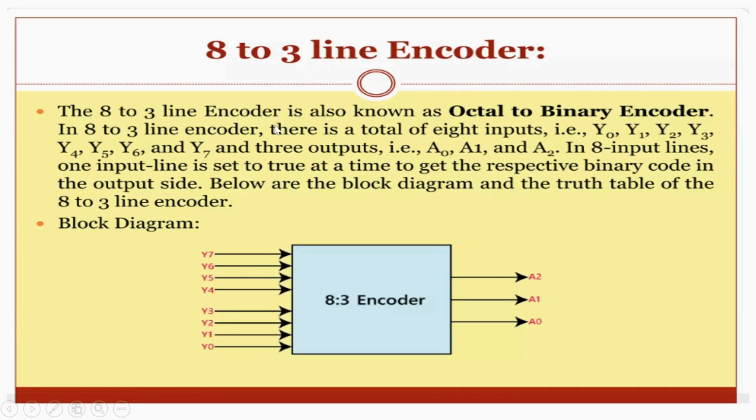By seeing the name it is already predictable that there will be 8 inputs and 3 outputs. We generated the inputs as y0 to y7, 8 inputs, and the outputs are a0 to a2, 3 outputs. So now we will see the truth table for this.